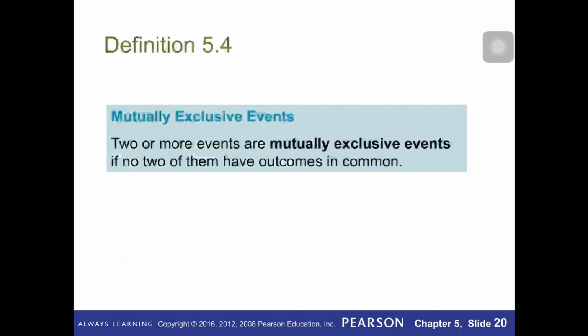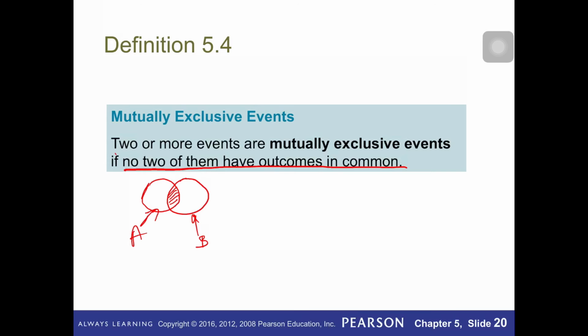Two or more events are mutually exclusive if no two of them have outcomes in common, which simply means they don't have something like this.